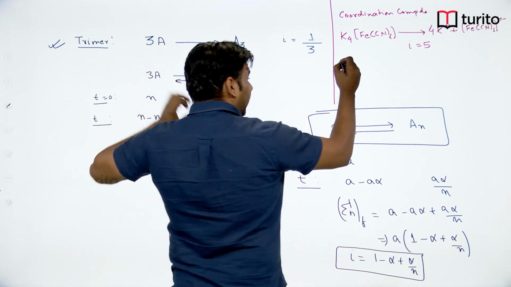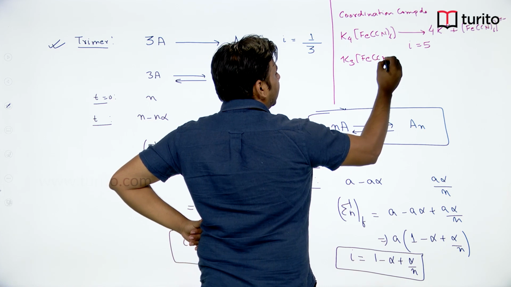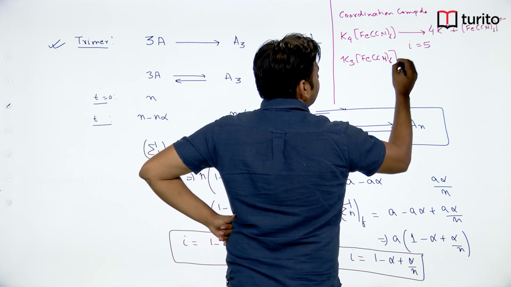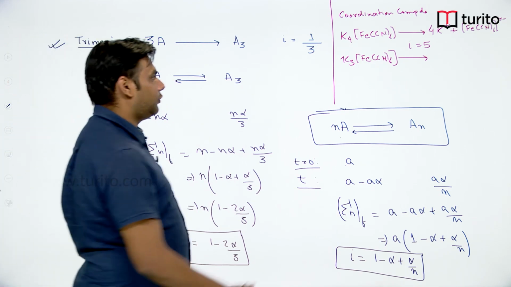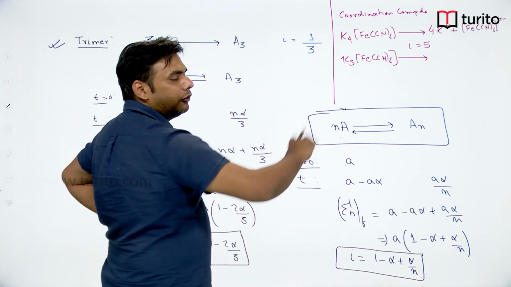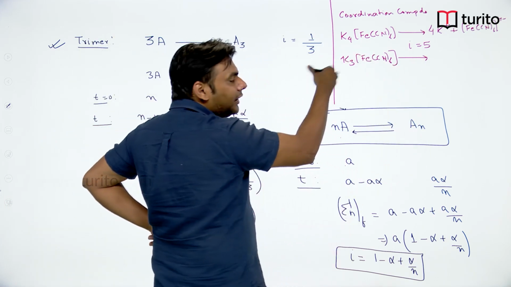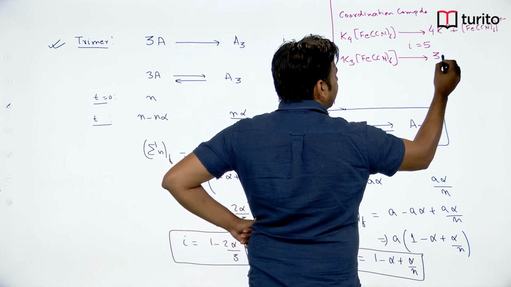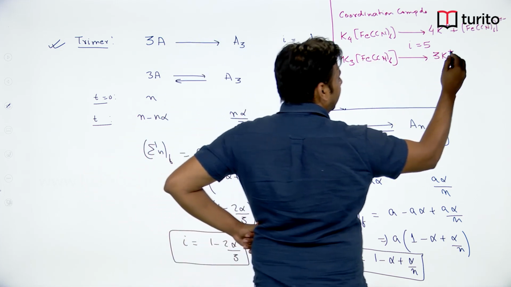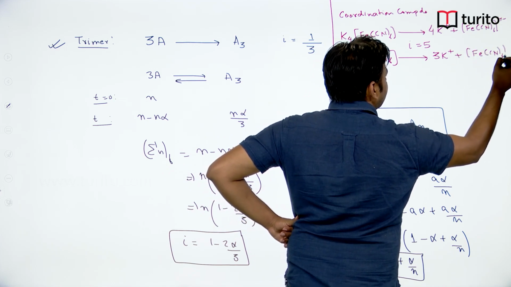Okay, if we are taking, say, K3Fe(CN)6, this would dissociate: the square bracket or the complex part would come as it is in the aqueous solution, and the cation or anion outside the square bracket would ionize. So this would give us 3K plus, and this component would come as it is, Fe(CN)6 3 negative.